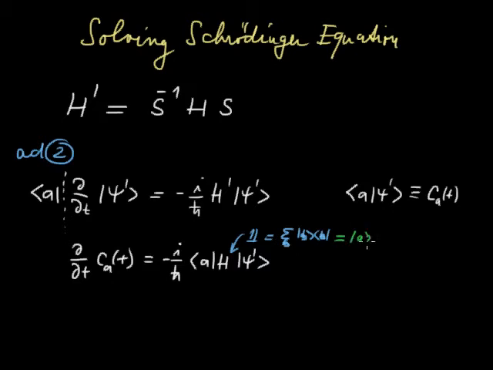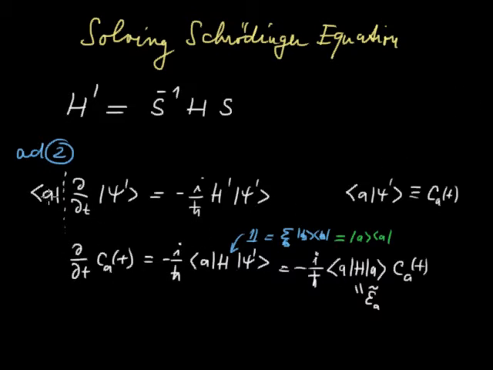This corresponds to just aa, and we get minus i divided by h bar, times ⟨a|psi dash⟩, and here therefore we get c_a again. Now this is of course the epsilon a tilde, the diagonal element, the eigenvalue of this matrix.